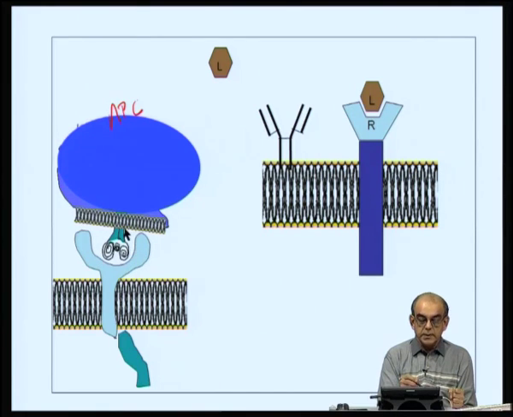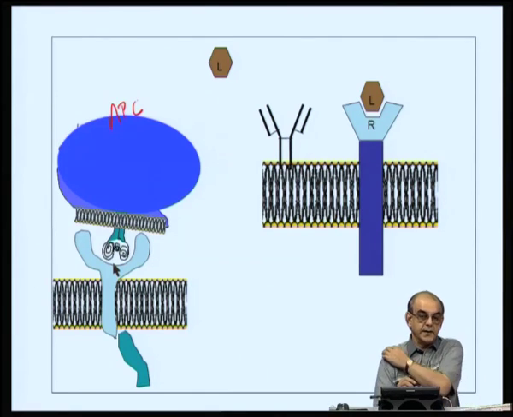So, when the major histocompatibility complex is recognized by this T cell receptor and binds to it, and when this antigen binding groove is complexed with the antigen, that is the event that causes downstream membrane signaling of the T cells in order for T cell activation to occur.